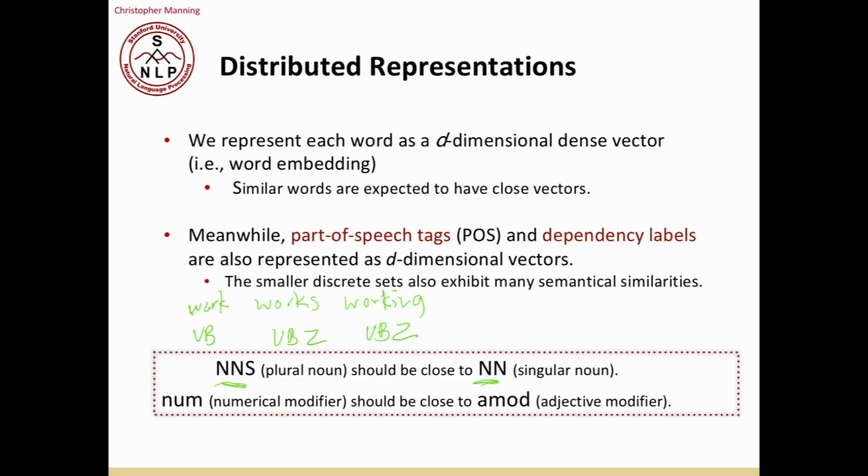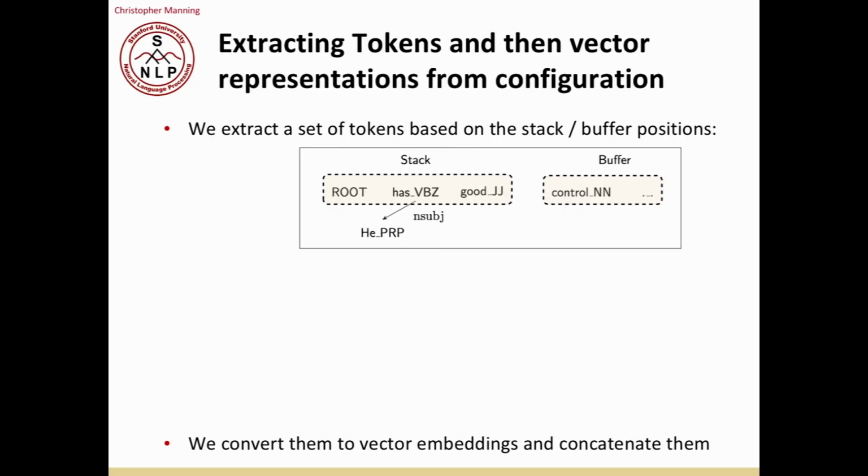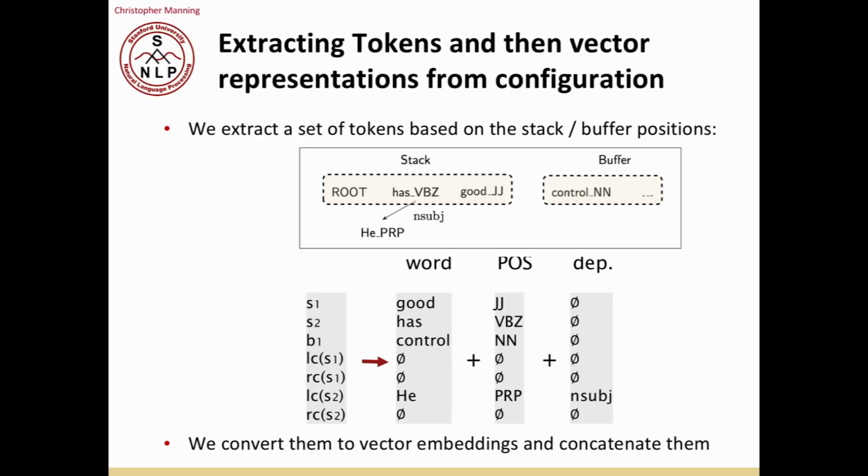Why not? Well, if we're going to do that, why not just keep on going and say the dependency labels, they also have a distributed representation. And so we built a representation that did that. So the idea is that we have in our stack the top positions of the stack, the first positions of the buffer, and for each of those positions we have a word and a part of speech, and if we've already built structure as here, we know about a dependency that's already been built.